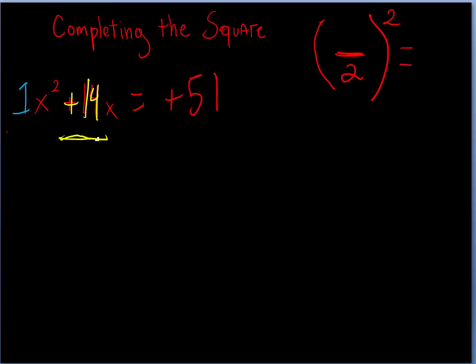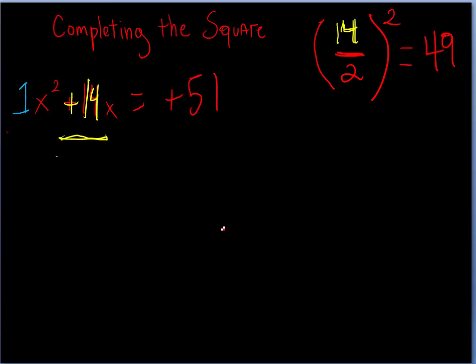So I'm going to take the second term and use it in this problem that I wrote over here, and that's going to give me a number that I can add to both sides so that I can factor the left side here. 14 divided by 2 squared is 49.